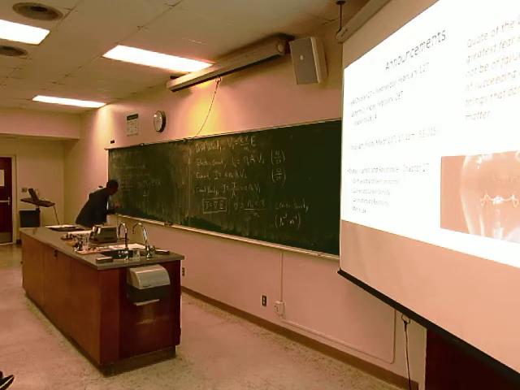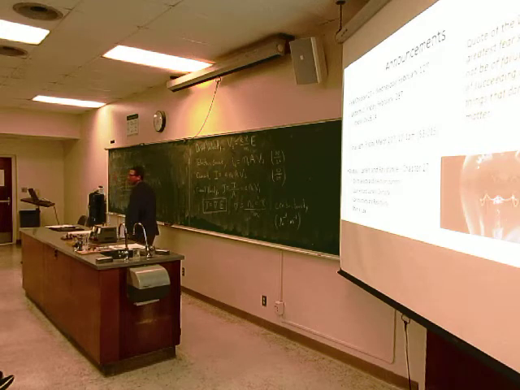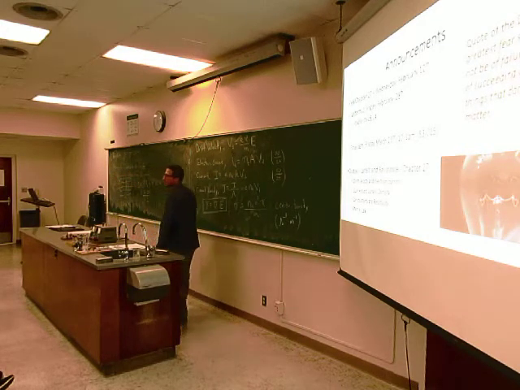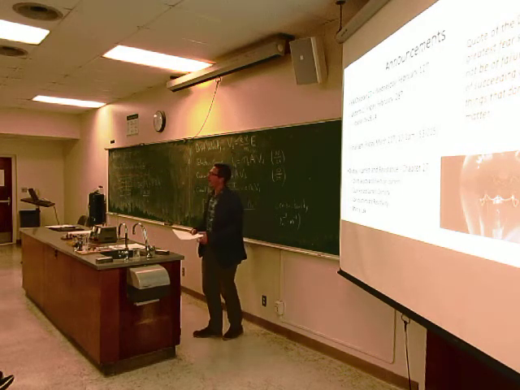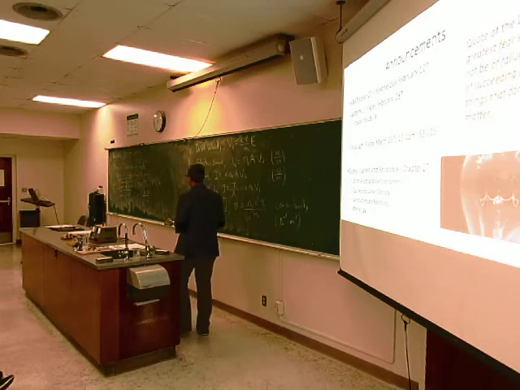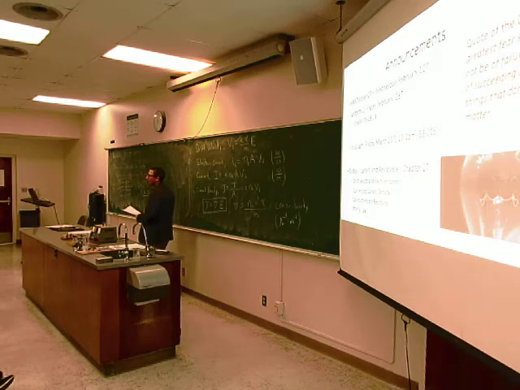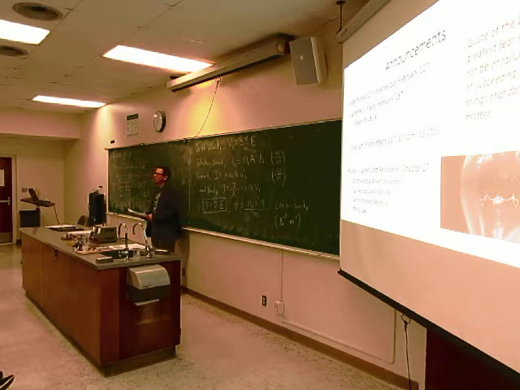So delta V is the voltage difference across this chunk of resistor. We'll say the electric field in this chunk of resistor is uniform, which is a good assumption to make if the material is uniform.